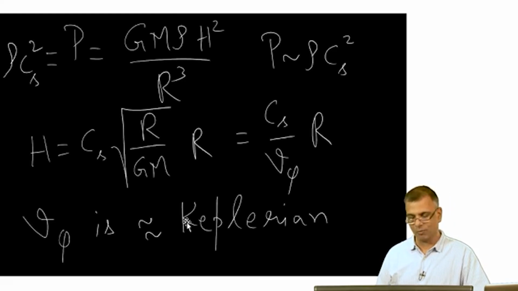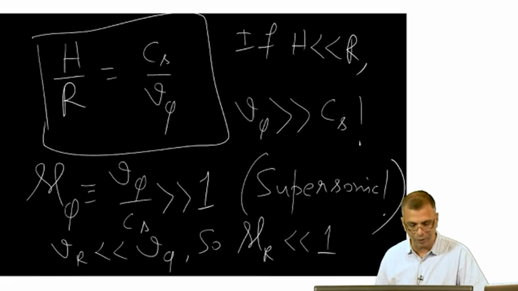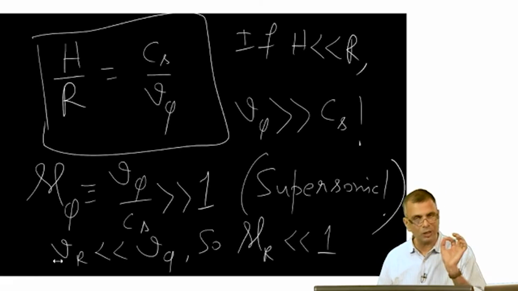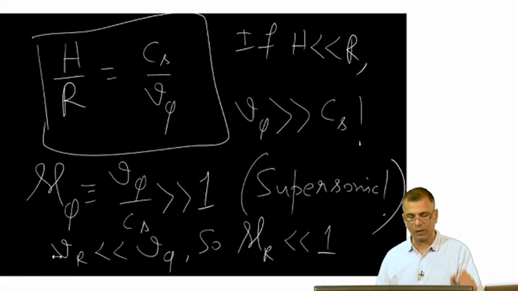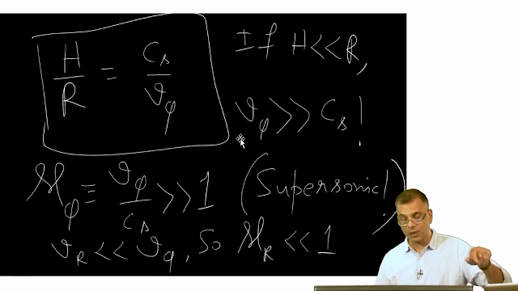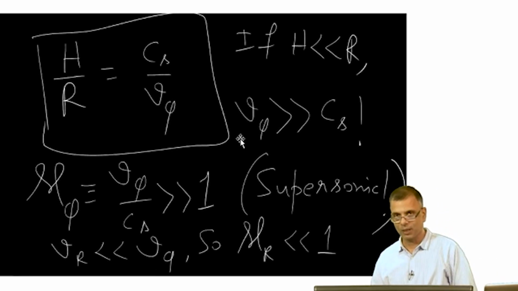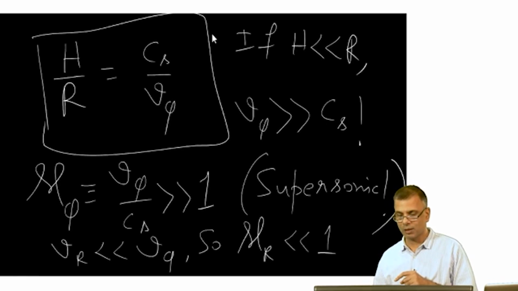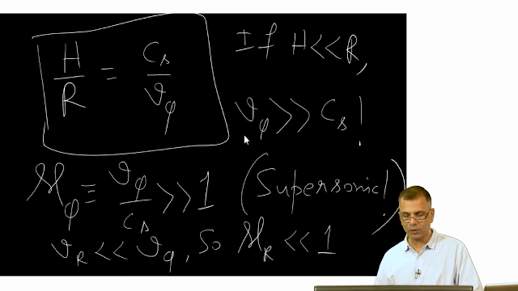So although we call this V phi, it's not exactly Keplerian. There can be some departures from the Keplerian value, which give rise to a small but finite radial velocity. But at any rate, the radial velocity is much smaller than the azimuthal velocity, and the azimuthal velocity is highly supersonic if the disk is thin. And you can see that right from here. A thin disk automatically implies a supersonic azimuthal velocity.